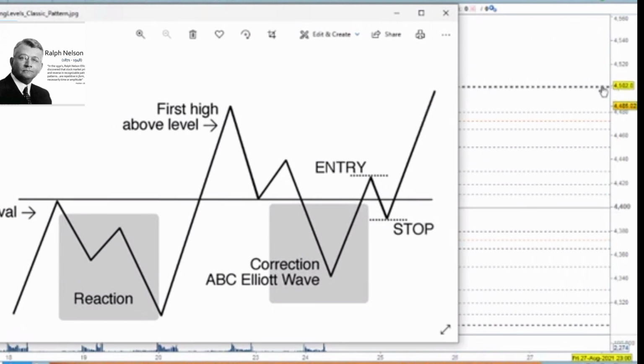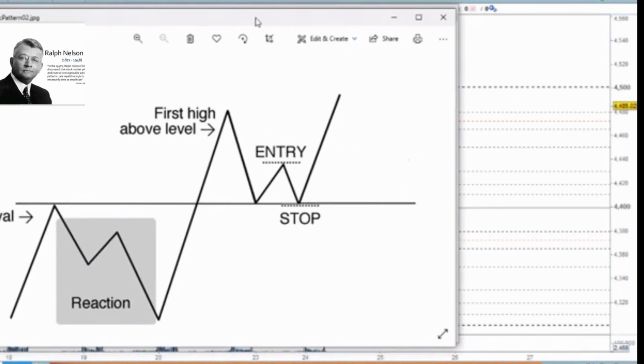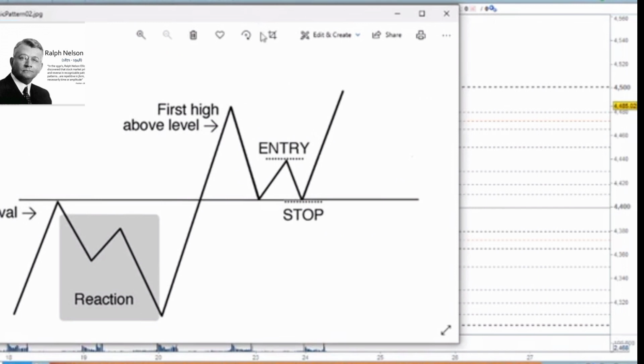At the 4,500, the arrival, the reaction, first high above the level, then the ABC correction, then finding support and moving up. If that's not the case, then we'll get the variation of that, where it doesn't drop back below the level and just moves up, but that's a little bit rare, though in a really bullish market that can occur.